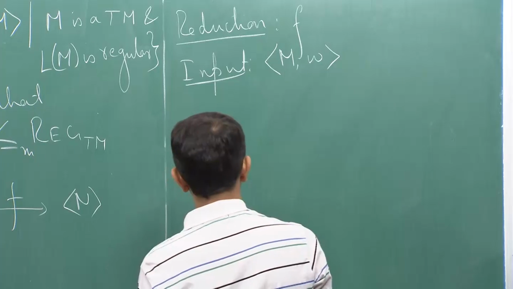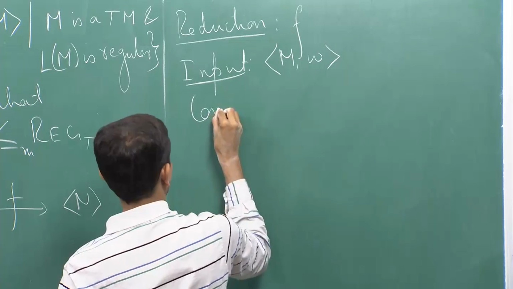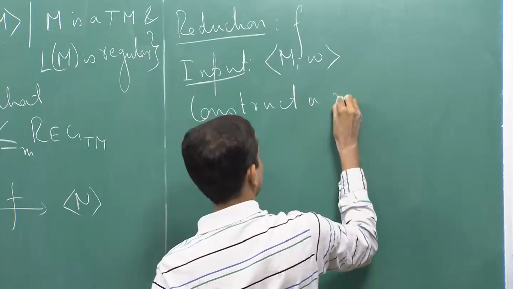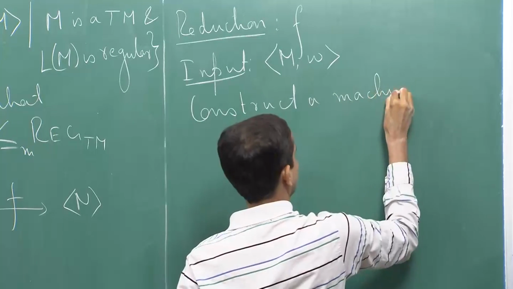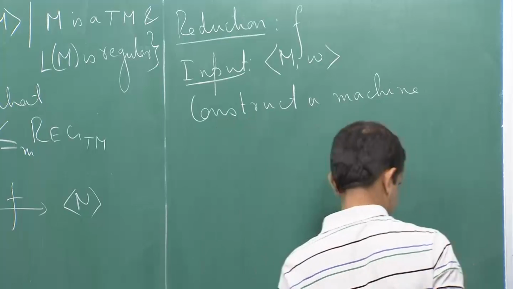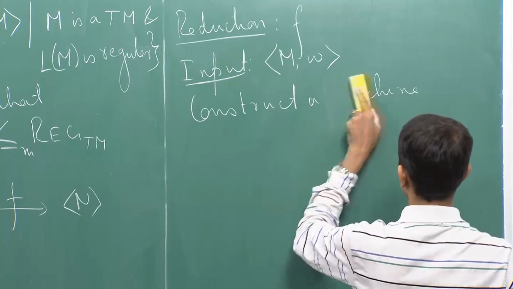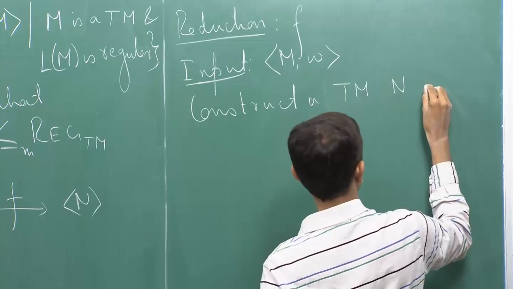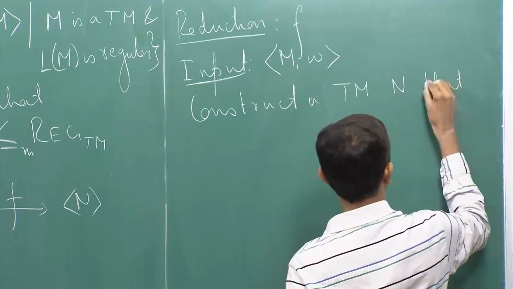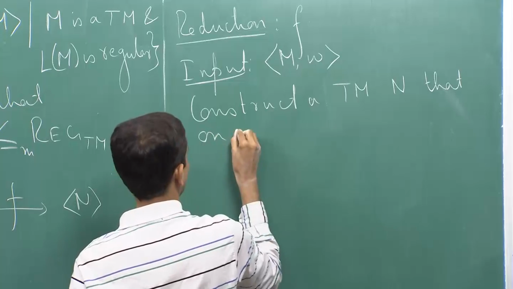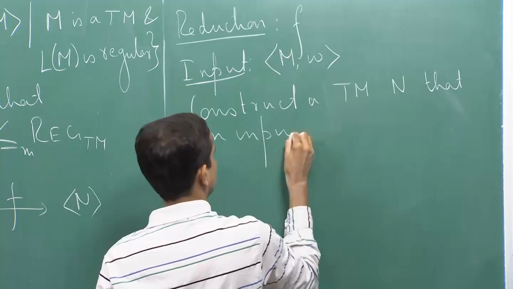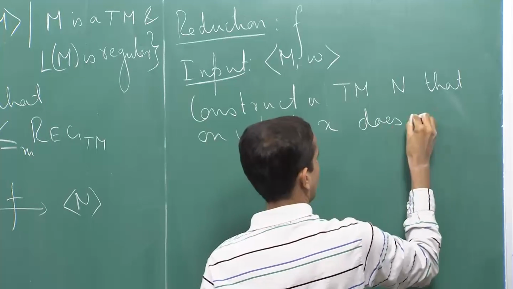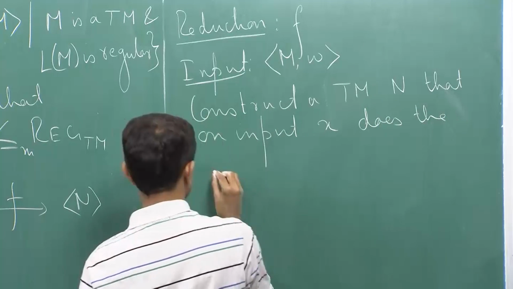So, what we do now is that we construct a Turing machine N that on input x does the following.